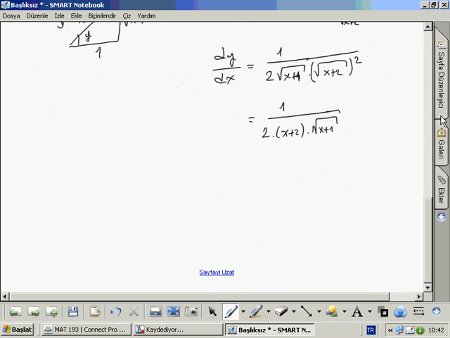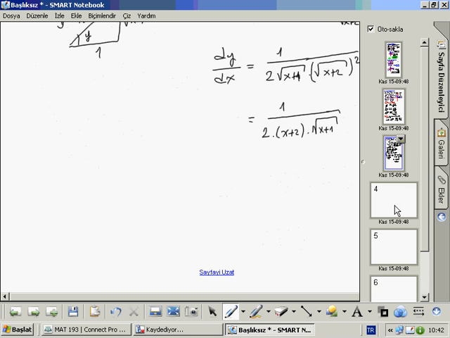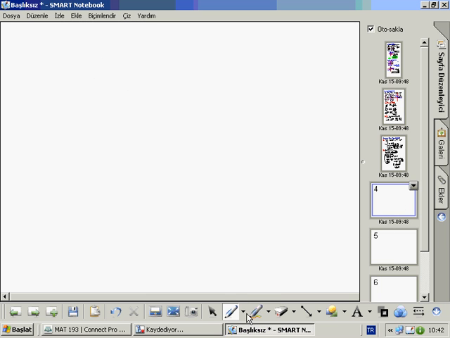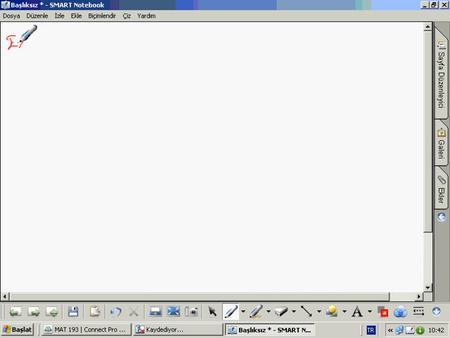Let me continue with another example. Del over del x of inverse secant of minus 3x equals del y over del x.